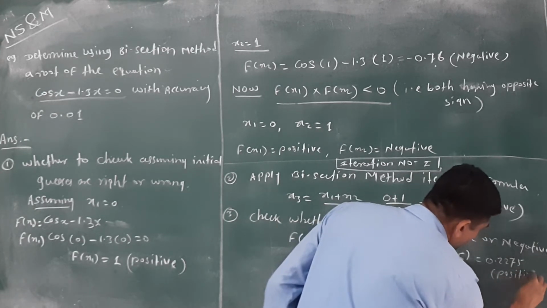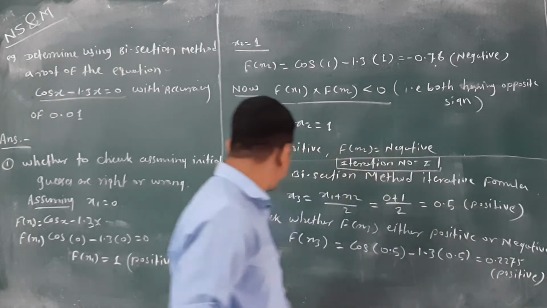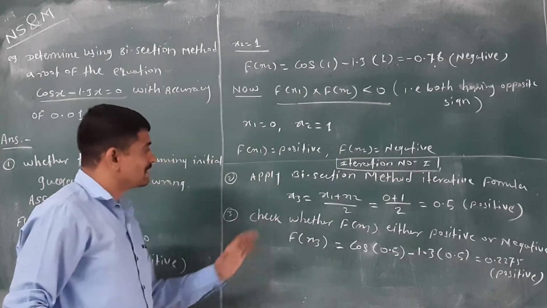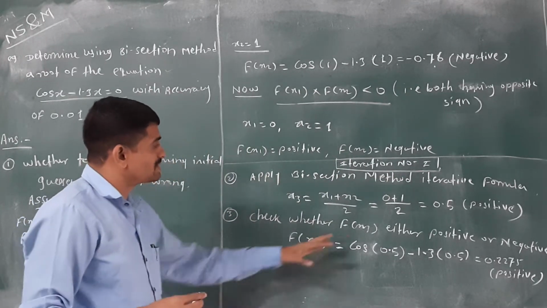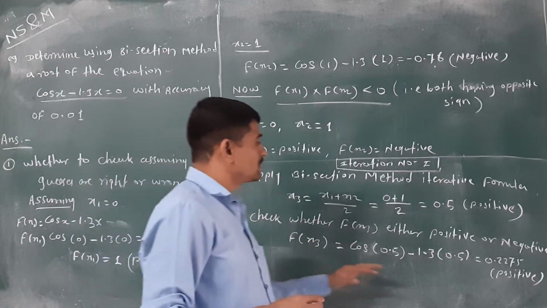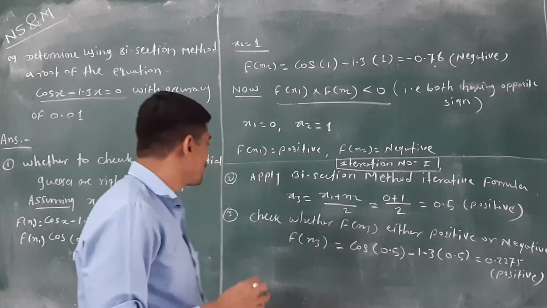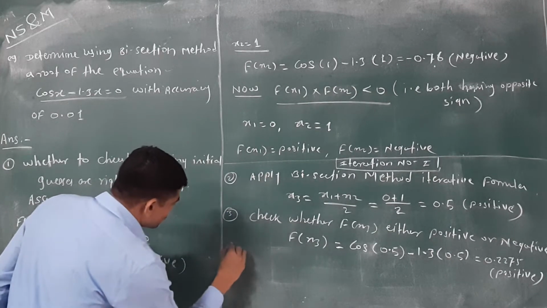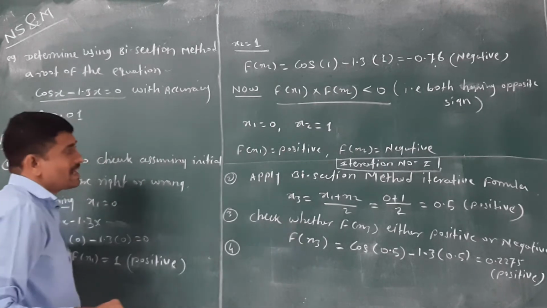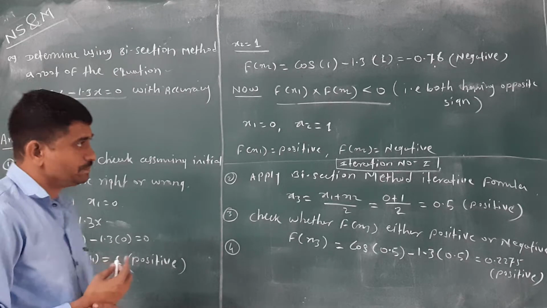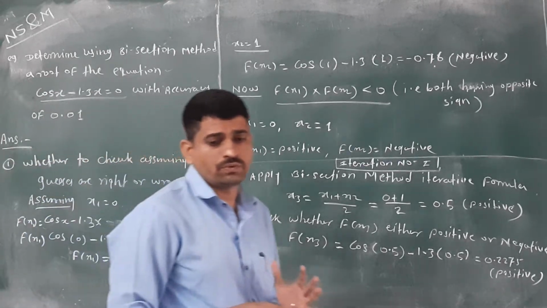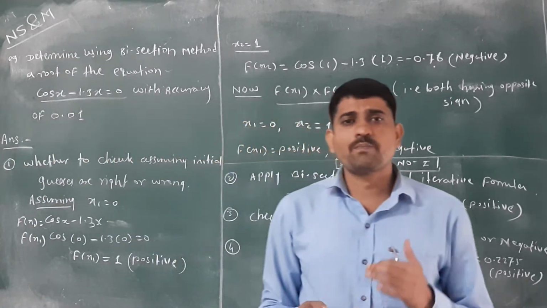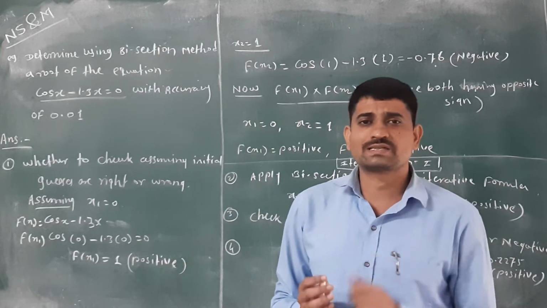This means that in the third step we wanted to find whether the f of x3 value is positive or negative, and we have found that. Once you have found that, then in step number 4, you have to replace the value of x1 or x2 by x3.